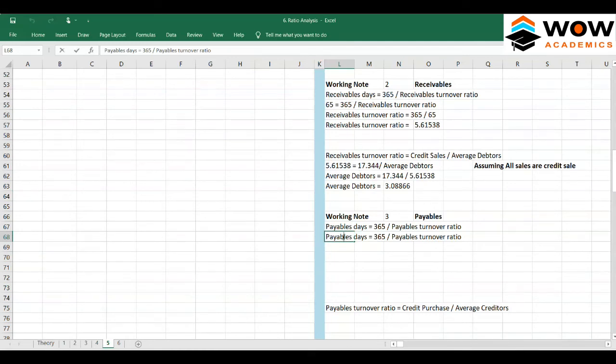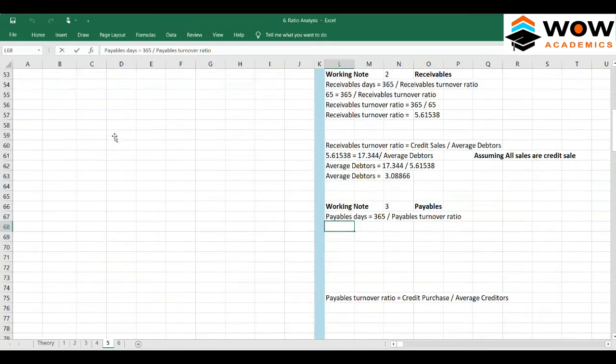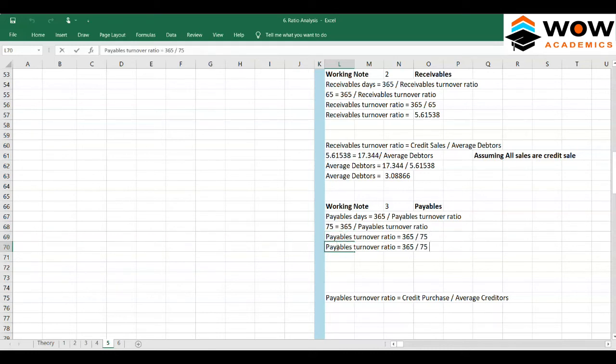So he has given us the payable days. So the payable days is 75. We can take that as a number. Okay, so the answer comes to 4.866. So that's about the answer.